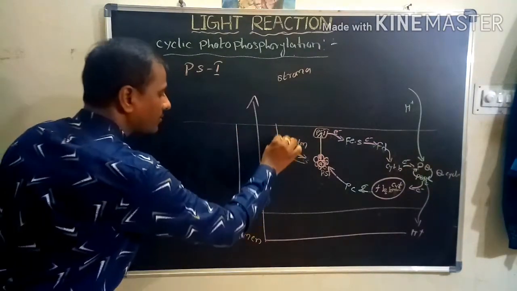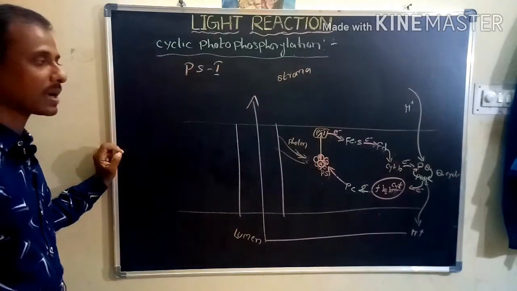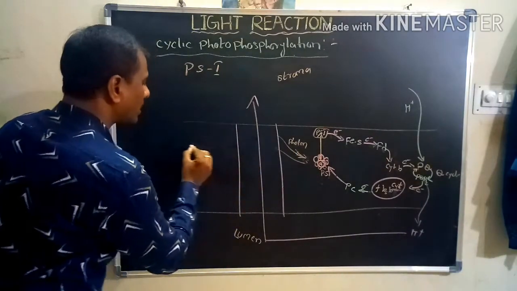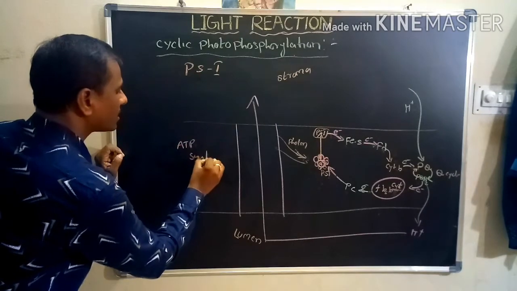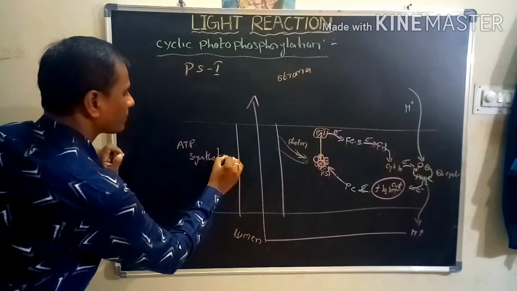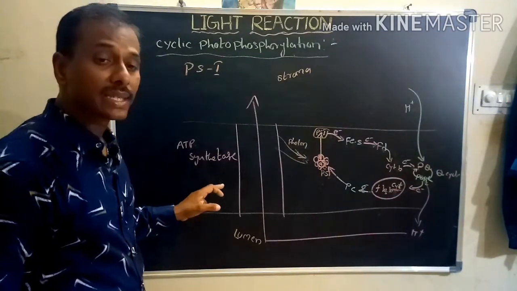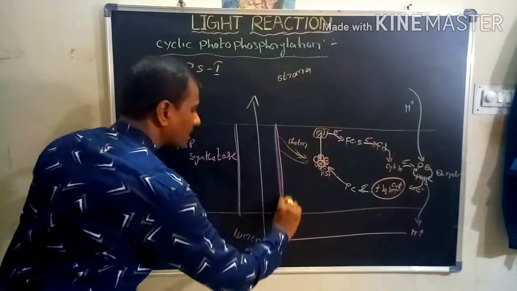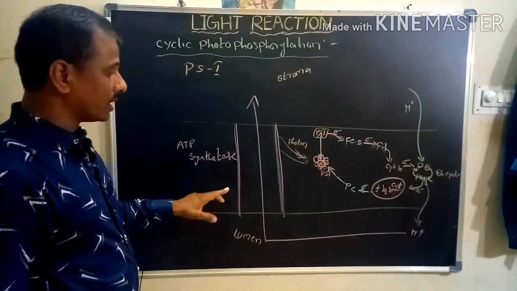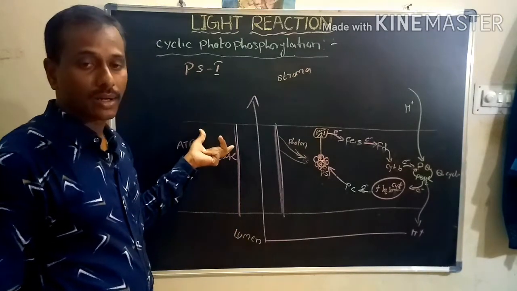a specific protein we studied in the non-cyclic photophosphorylation. That protein is called ATP synthetase, or ATP synthase. This is a protein present in the thylakoid membrane. This protein acts as a proton channel.